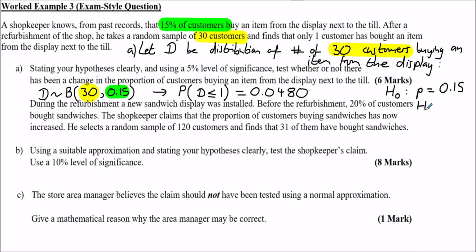For H1 though, what we're testing is whether or not there's been a change. So H1 doesn't say which direction the change is in. We have to say the proportion is not 0.15. And so this is going to be a two-tailed test we're performing.